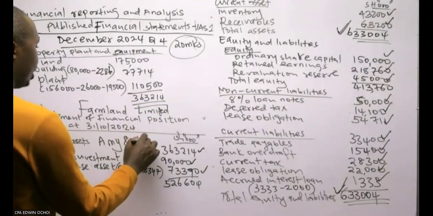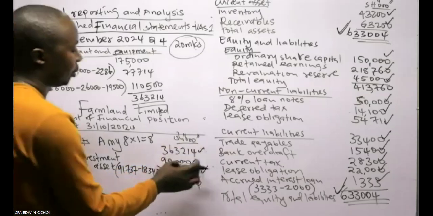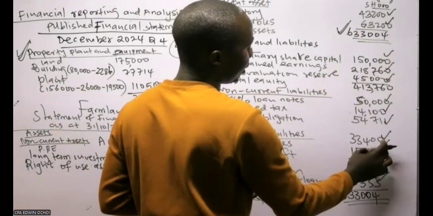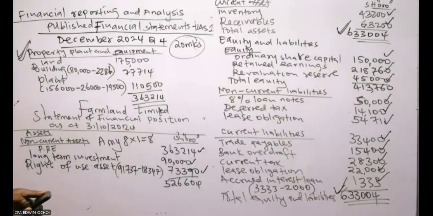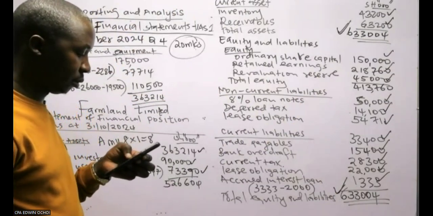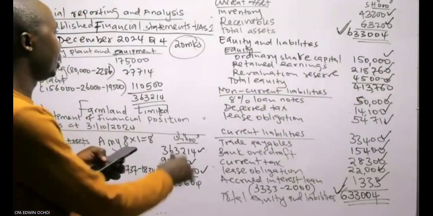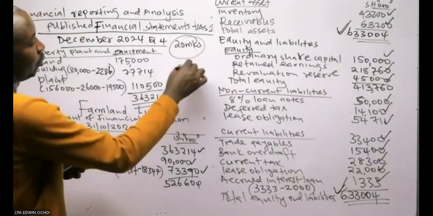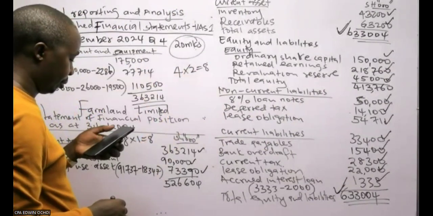They multiply by 1, you get your 8. Any correct 8. But for the income statement, they were looking for any 4. For the income statement, multiply by 2, you get your 8. For the statement of profit or loss.